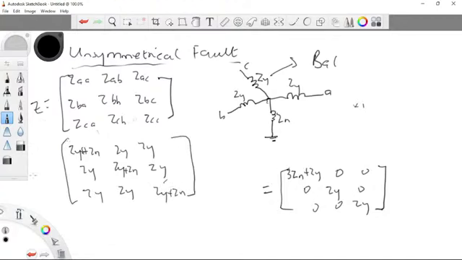So this will be the expression for Z phase. You get this by solving the expression in the slide, so you can just check.